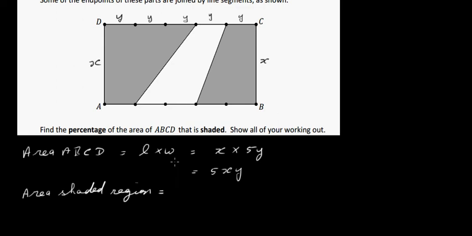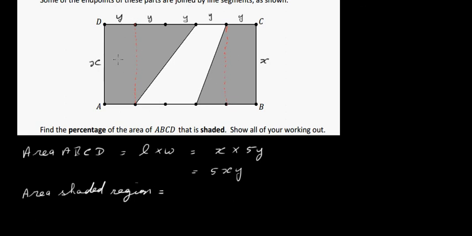The area of the shaded region is, now I'm going to divide this up into rectangles and triangles. This one is a rectangle and a triangle, and this one here also is just going to be a rectangle here and a triangle here. So let's do this one first.